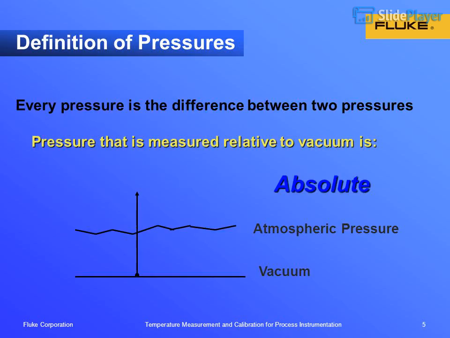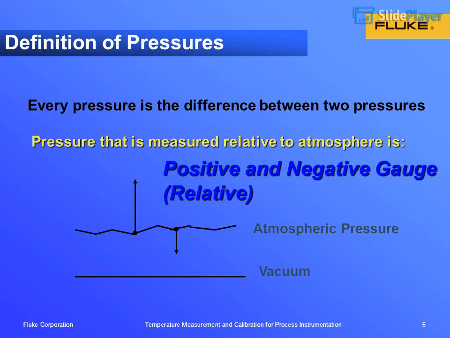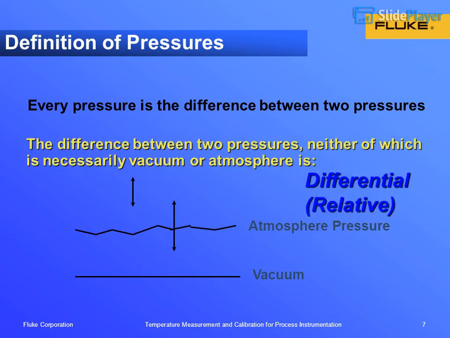Definition of pressures. Every pressure is the difference between two pressures. Pressure that is measured relative to vacuum is absolute. Pressure that is measured relative to atmosphere is gauge, positive and negative, relative.